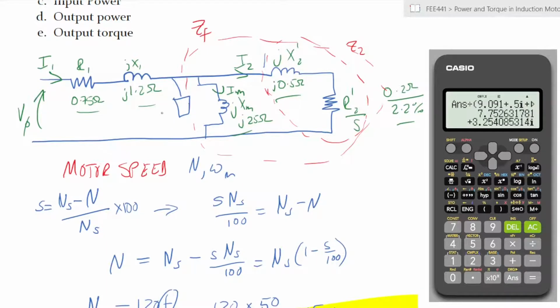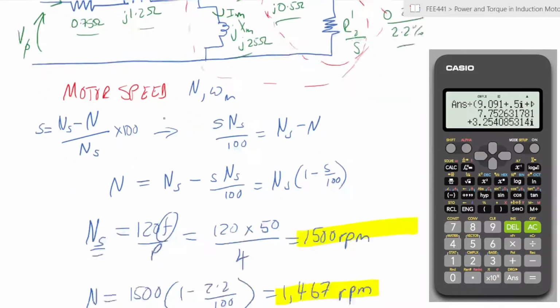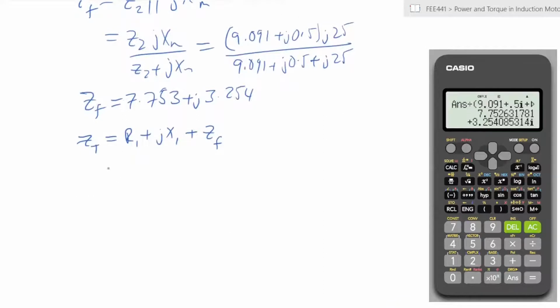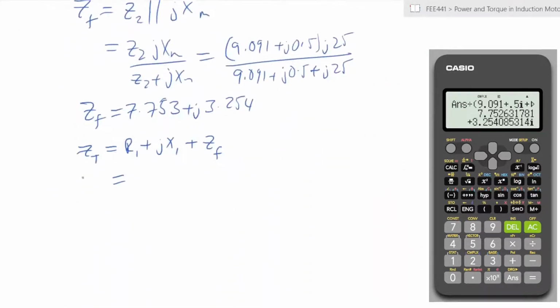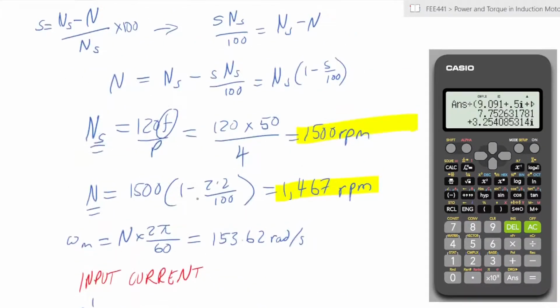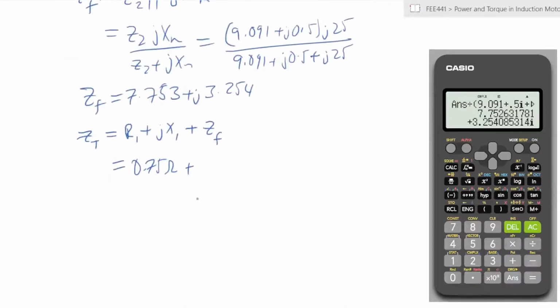This is just circuit analysis. So now we add them all up together. ZF is already on screen. R1 is 0.75, plus j1.2, plus 7.753 plus j3.254.